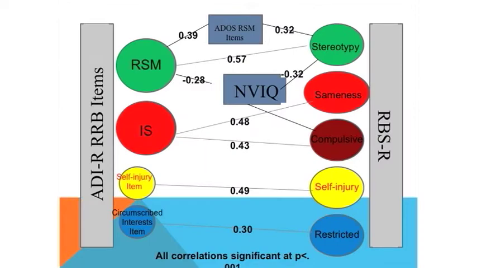Now, one encouraging thing that we have found is that there are nice correlations across the ADI, which is a long parent interview, the RBSR, which is a parent questionnaire, and in one case the ADOS, between some of these aspects of repetitive behavior.